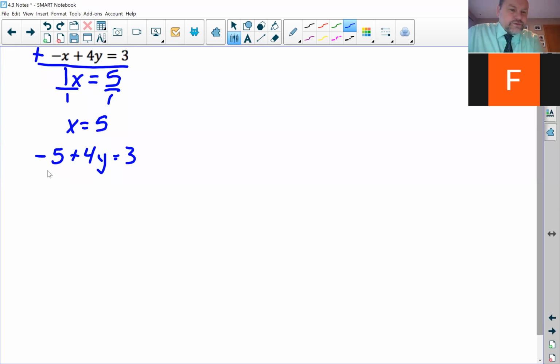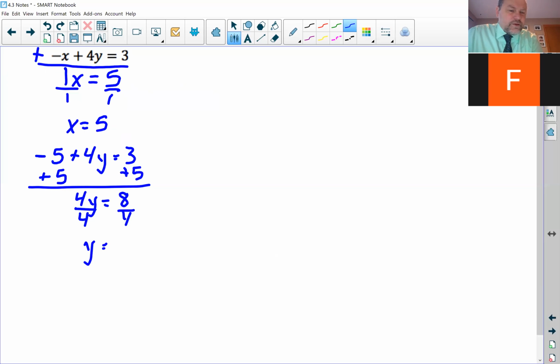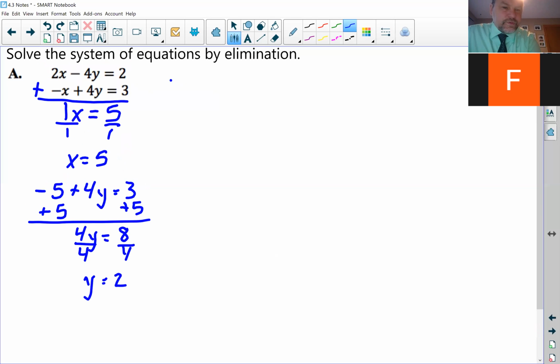And now we're going to solve for y. Add 5 to both sides to undo that minus 5. Divide both sides by 4 to undo the multiplying by 4. So we have a solution: 5, 2, and we can check that.